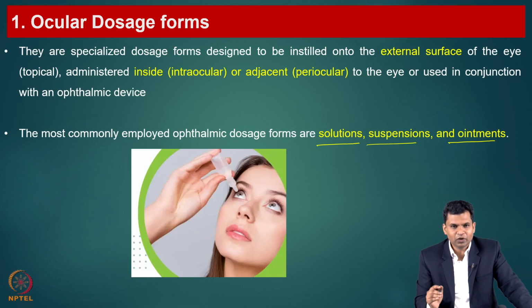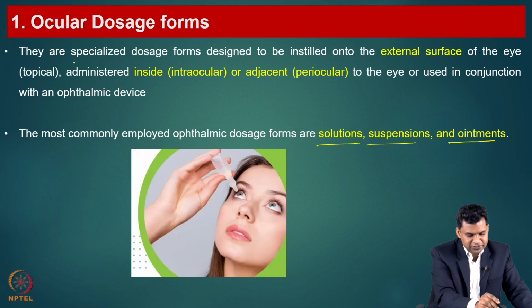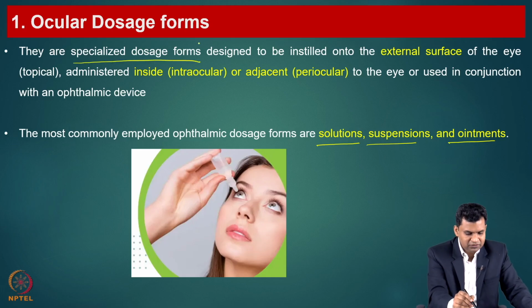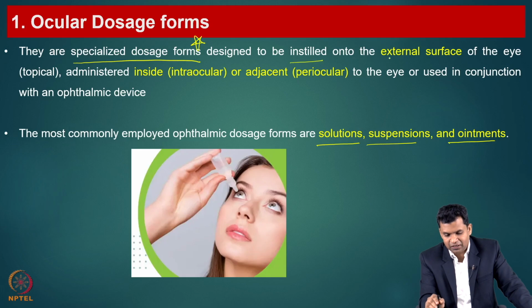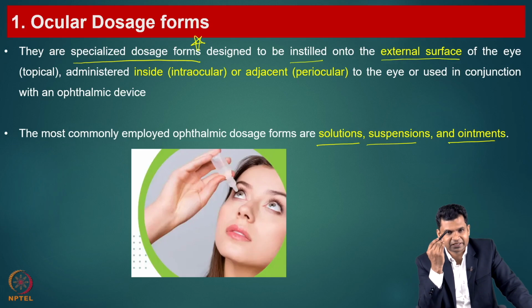So, what do we do with these dosage forms? These are specialized dosage forms. The word is very important: specialized dosage forms designed to be instilled on the external surface of the eye.